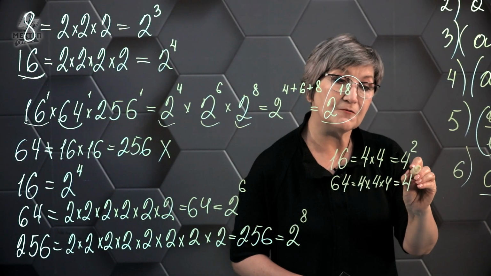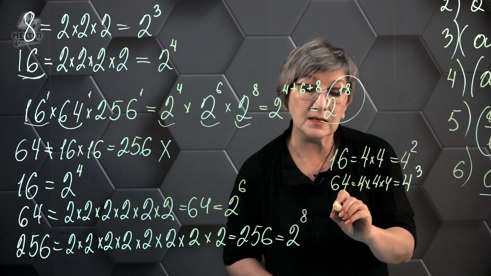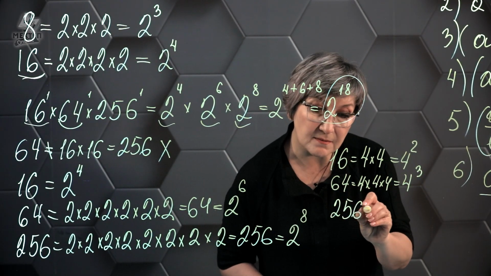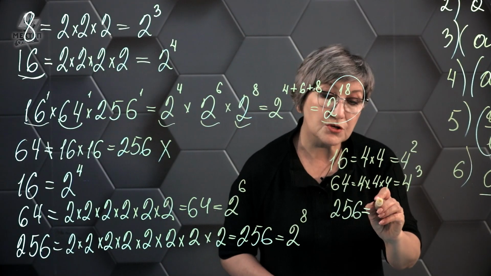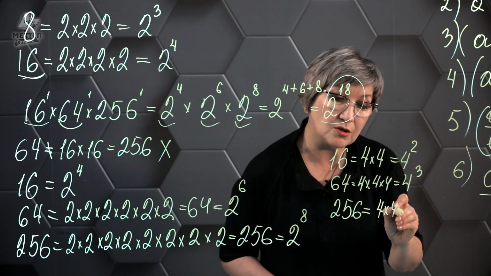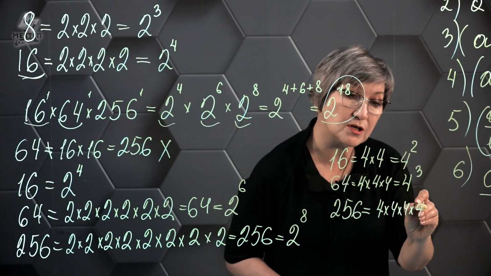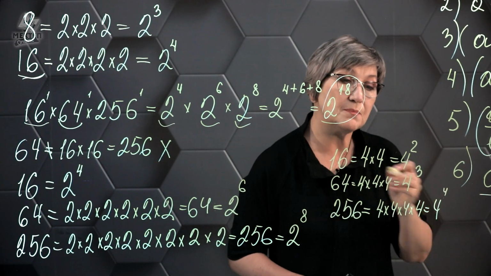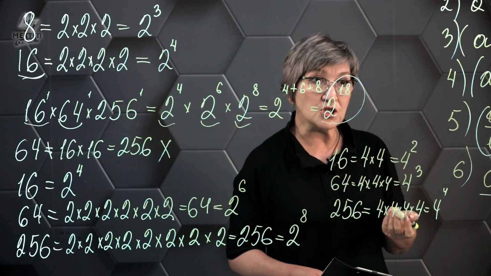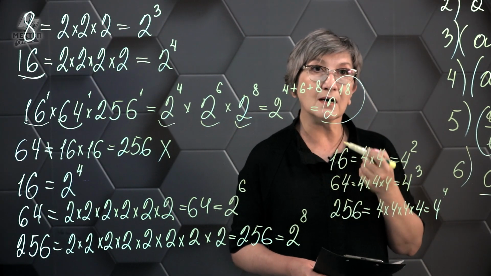So it's 4 to the 3rd power. And 256 is 4 times 4 times 4 times 4, which is 4 to the power of 4. We can write these numbers as numbers with a base of 4.